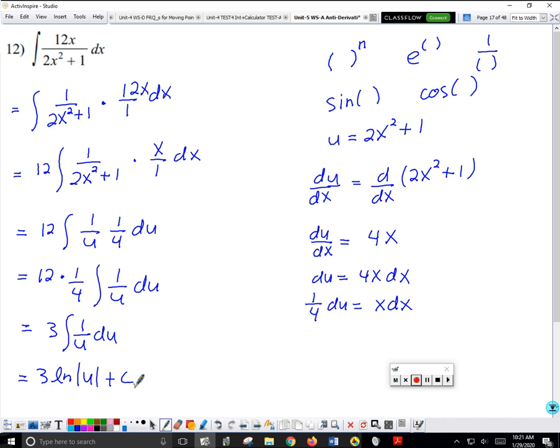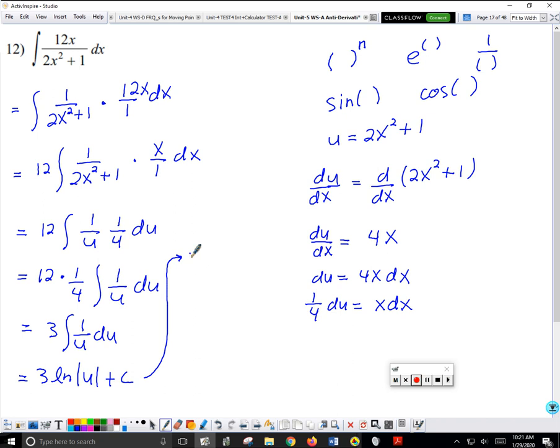The absolute value sign is a little weird. It's necessary because, as we mentioned before, it's not possible to calculate the natural log of a negative number. So we have to force our result to never be negative. Otherwise, we're writing something that doesn't make sense. So then you do one last substitution.